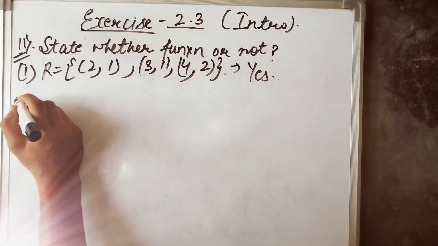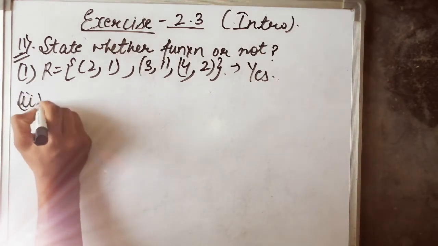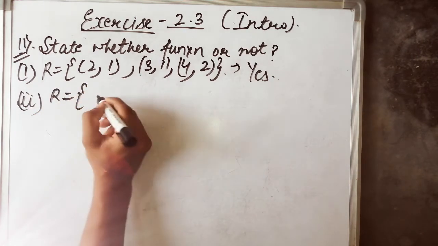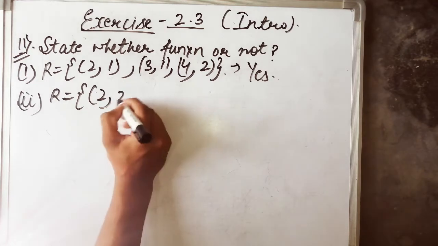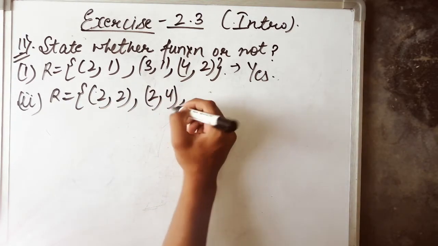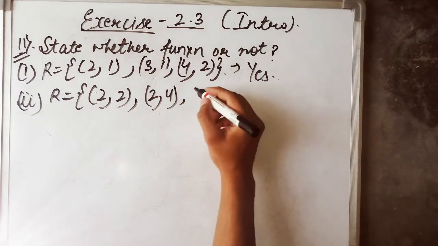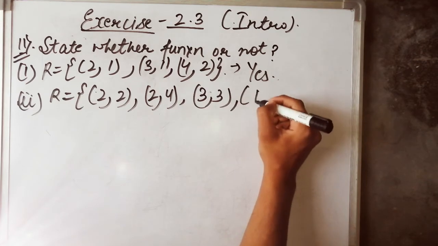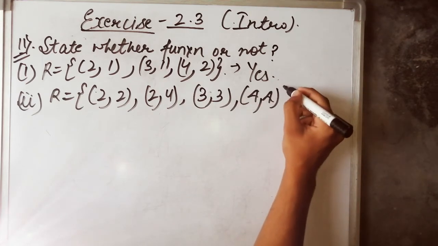And the second part is R equals {(2, 2), (2, 4), (3, 3), (4, 4)}.